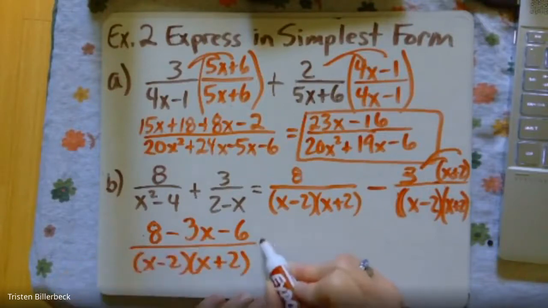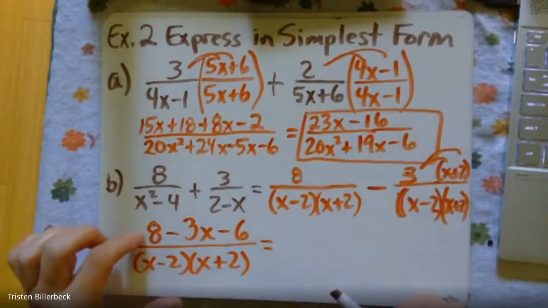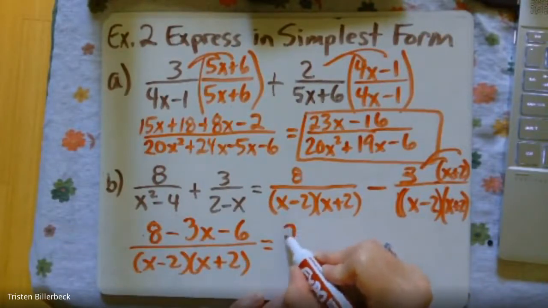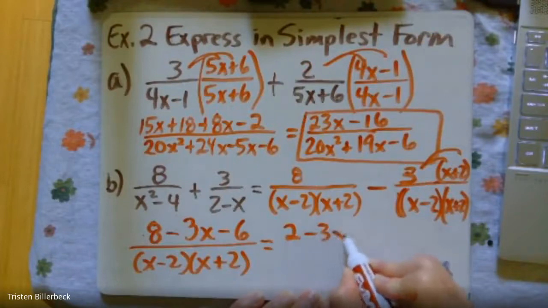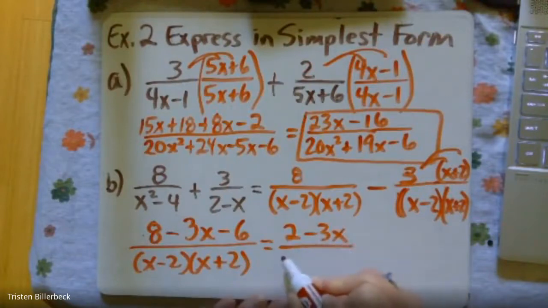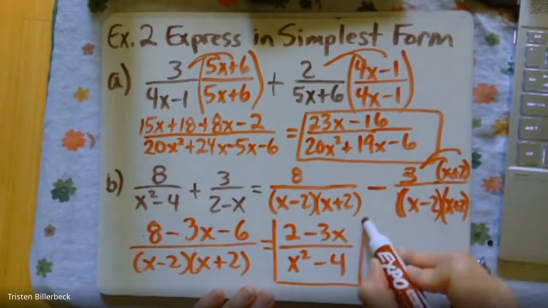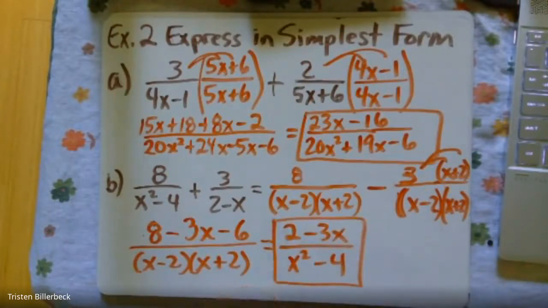And when we consolidate the top, we have 8 minus 6 is 2 minus 3x over, and now we can go back and say, okay, this was really x squared minus 4. We just needed to expand or factor it out for a second to deal with that one. And there we have it.